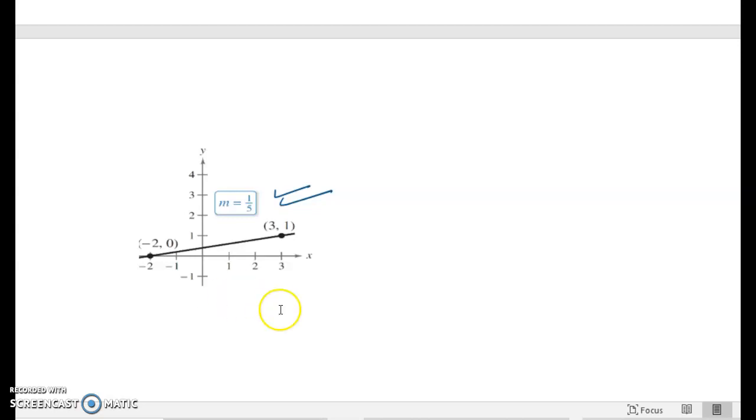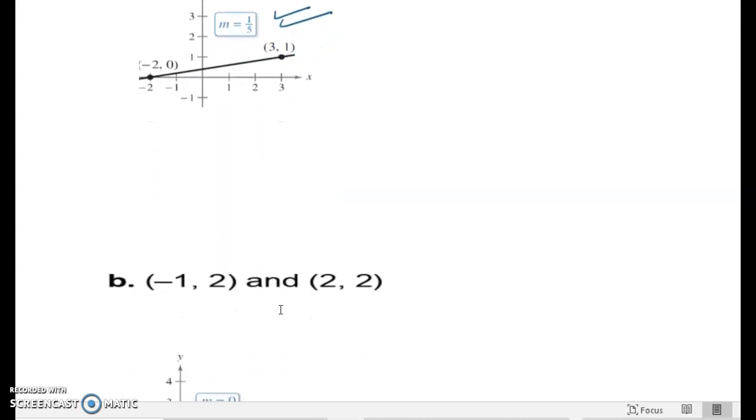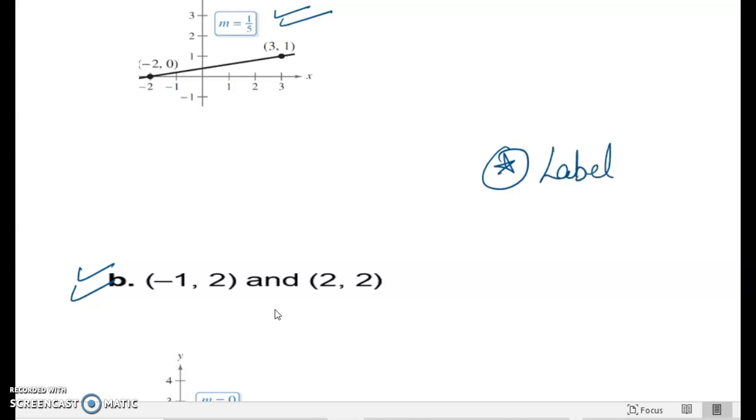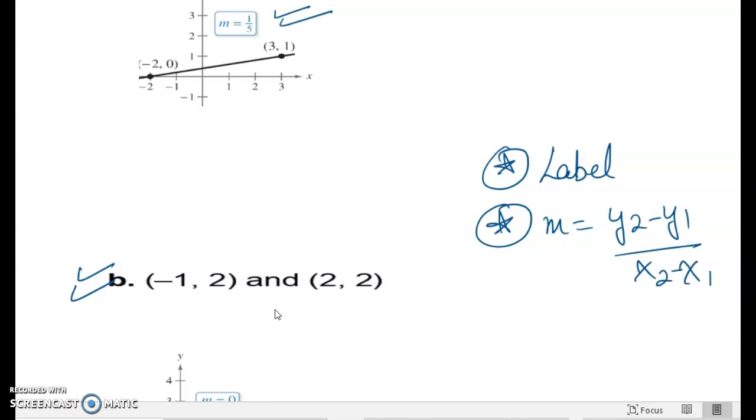Let's try one more. We are trying question number B. First thing first, label. Second thing, write the equation down, which is y2 minus y1 over x2 minus x1. This time, let's graph first.